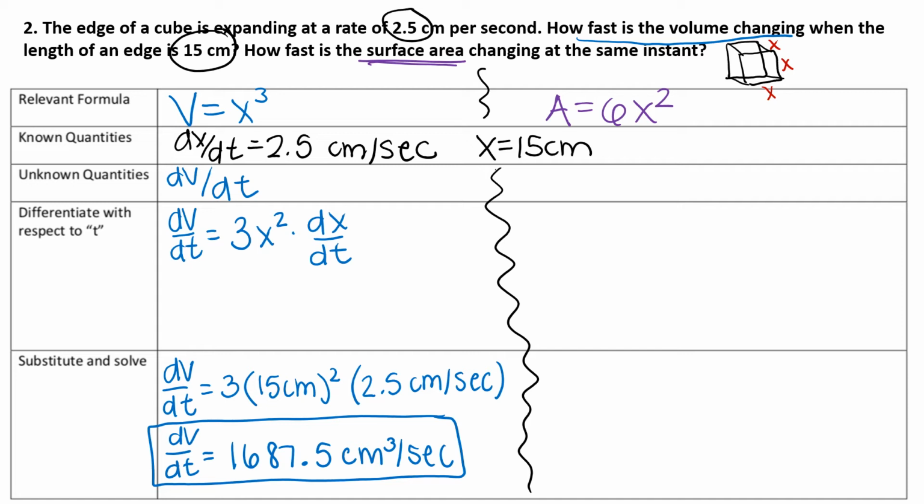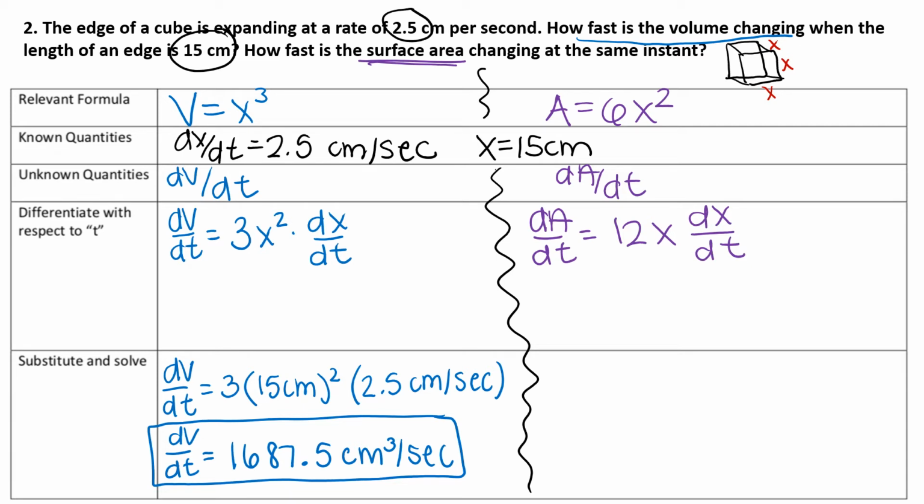We know that those same values are true, so we can identify that what we want to find is the rate that the area is changing, so dA/dt. Differentiating our formula with respect to t, we get dA/dt equals, keeping our 6, bringing our 2 down, 12x dx/dt.